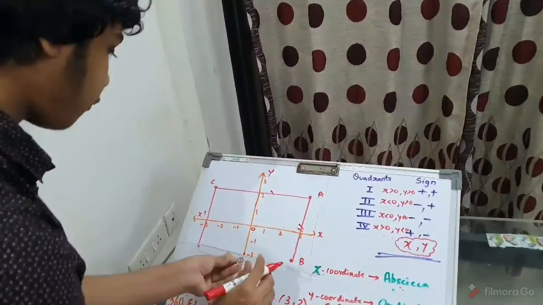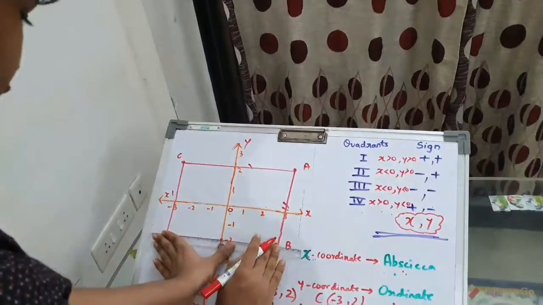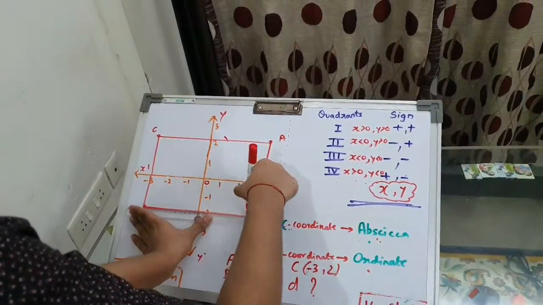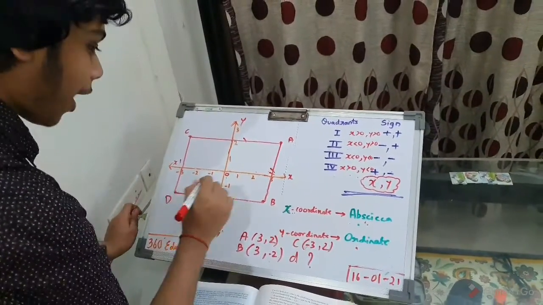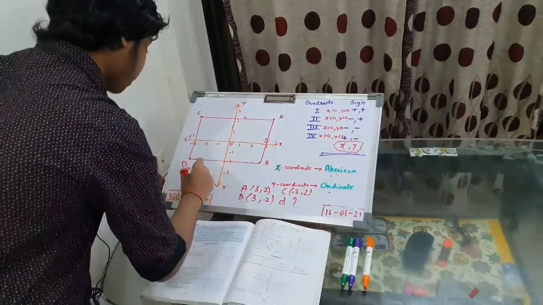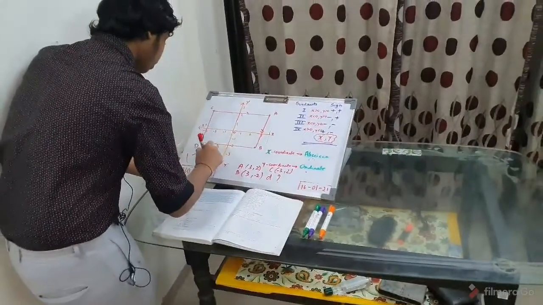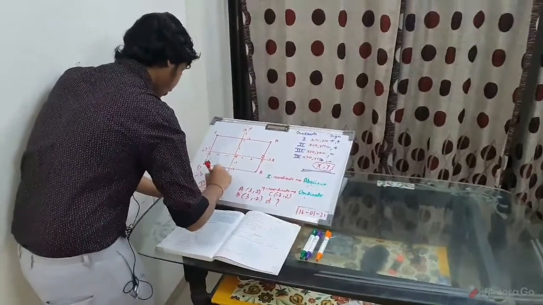And with this we have found the unknown point, which is D, and the abscissa and the ordinate are minus 3, minus 2, which is in the third quadrant.